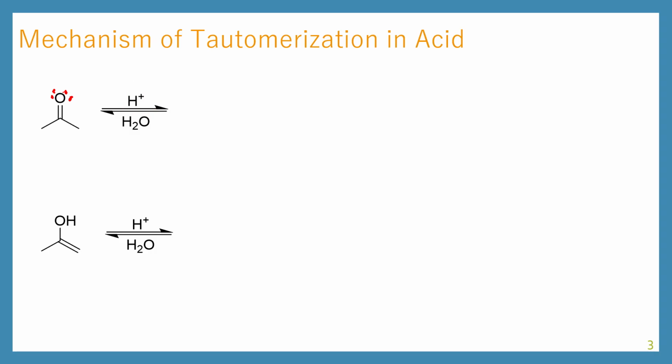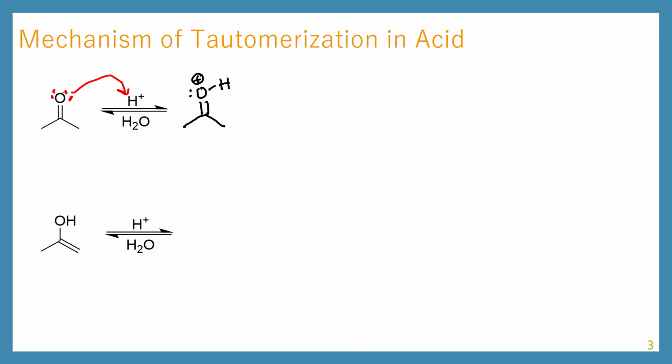And when we talked about carbonyls initially, we pointed out that the carbonyl carbon is partially positive, the carbonyl oxygen is partially negative. So acids are going to end up on the oxygen. So the oxygen picks up the proton, and we end up with our new structure, which has a proton on the oxygen and a positive charge.